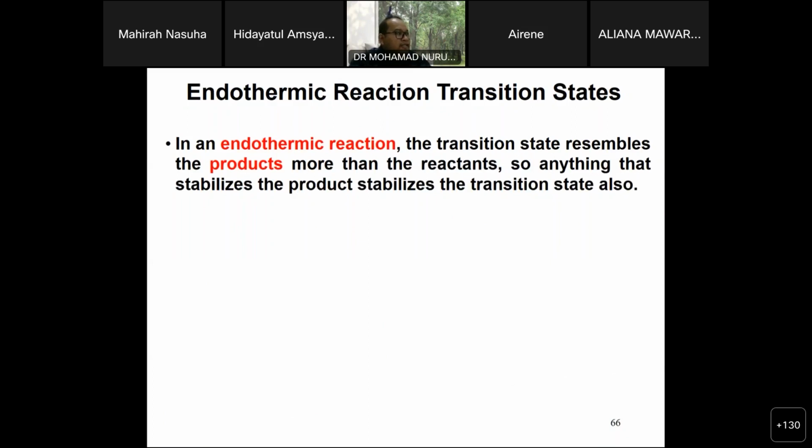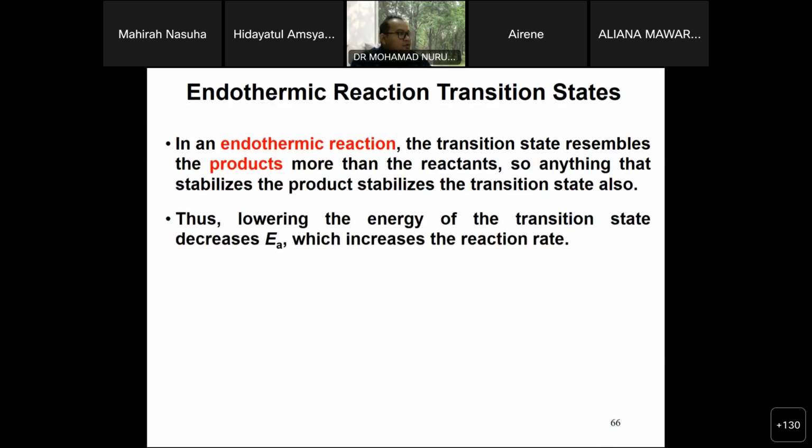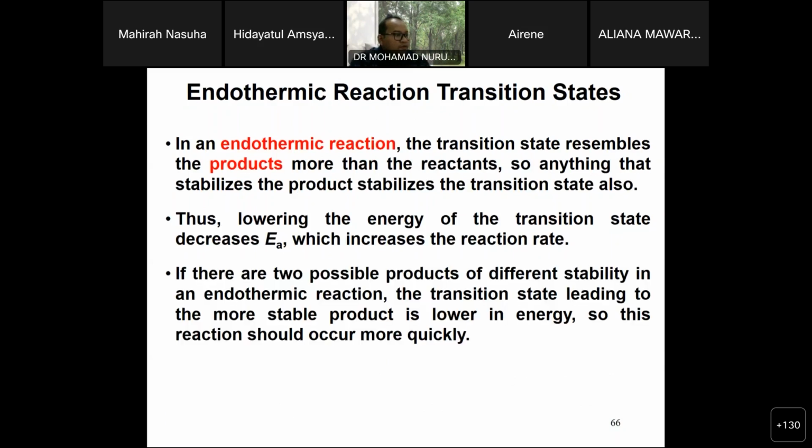So anything that stabilizes the product also stabilizes the transition state, thus lowering the activation energy and increasing the reaction rate. If there are two possible products of different stability in an endothermic reaction, the transition state leading to the more stable product is lower in energy, so that reaction will occur more quickly.